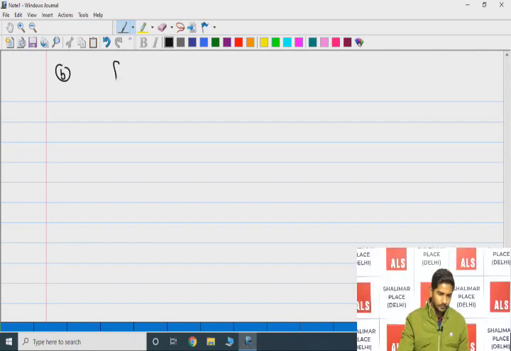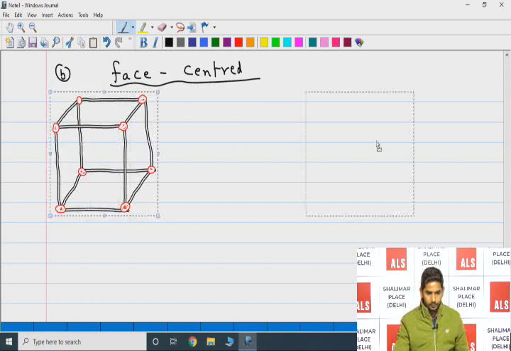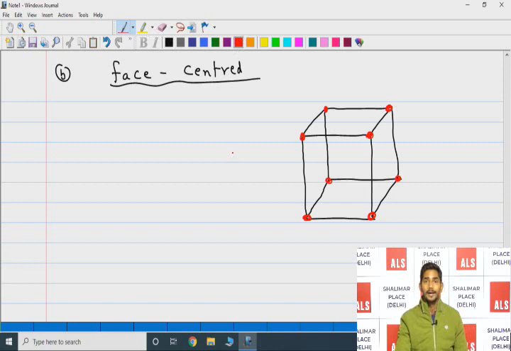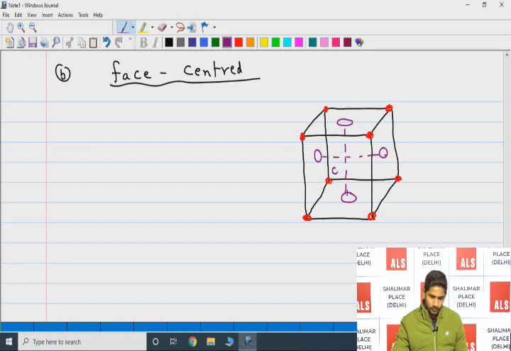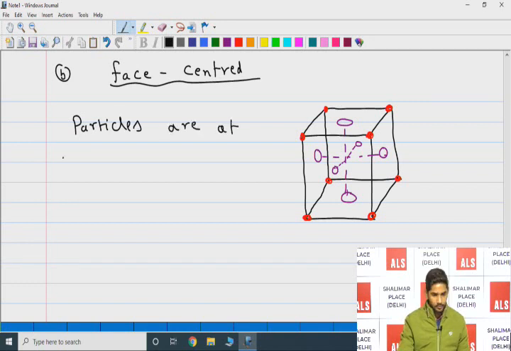Next, face centered. See, atoms are present at the corners as well as the faces. I know we have 6 faces. So look at this: 1, 2, 3, 4, and then 5, 6. So particles are at corners as well as on the faces.